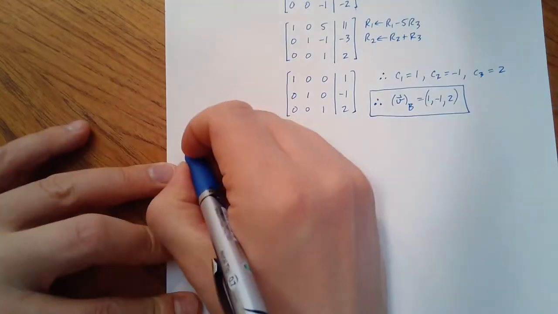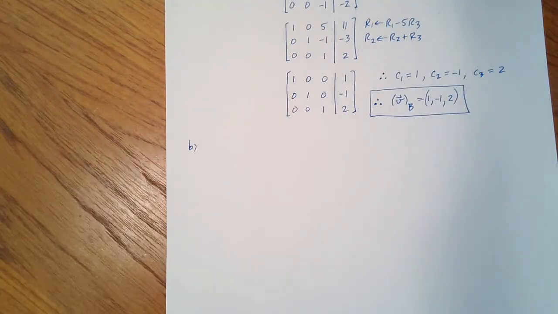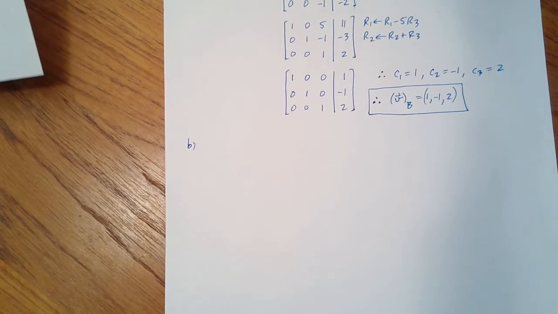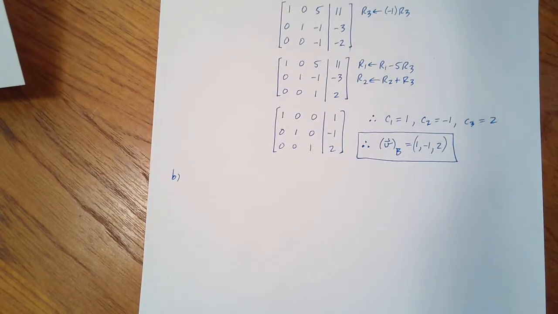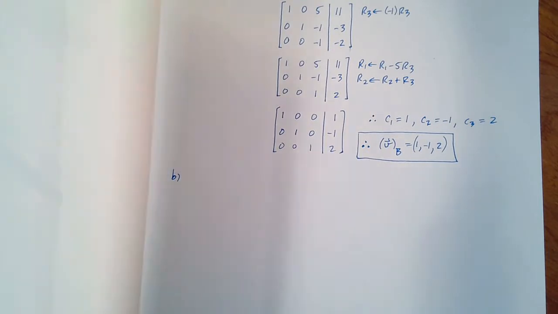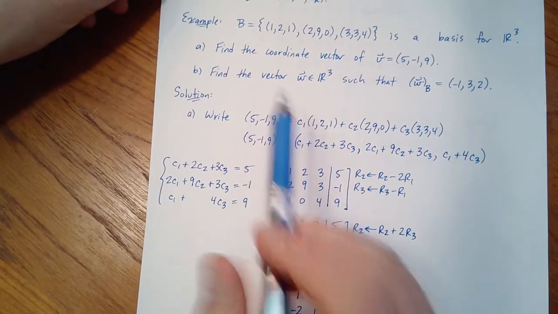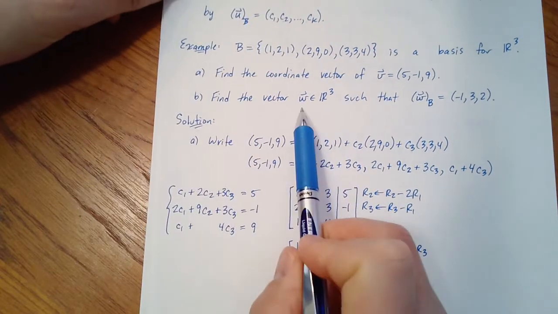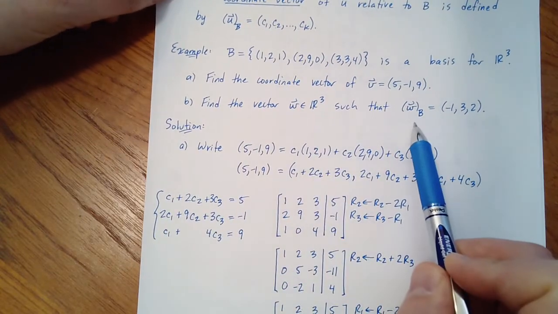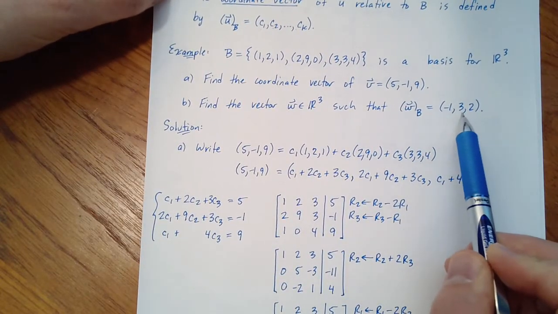Now for part B, this one is asked backwards, and the good news is that actually makes the question easier. It's much easier to recover the vector if you're given its coordinates relative to a certain basis. So I just want to remind you what the question was. We were asked to find the vector W in R3, which has a coordinate vector given by negative 1, 3, and 2.